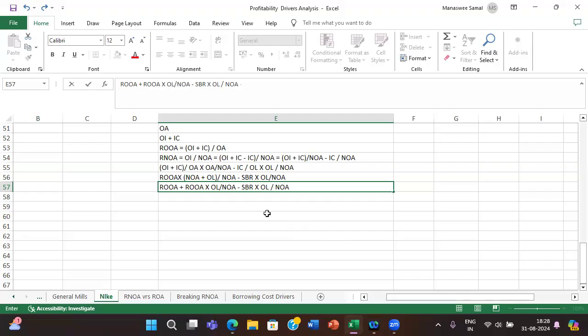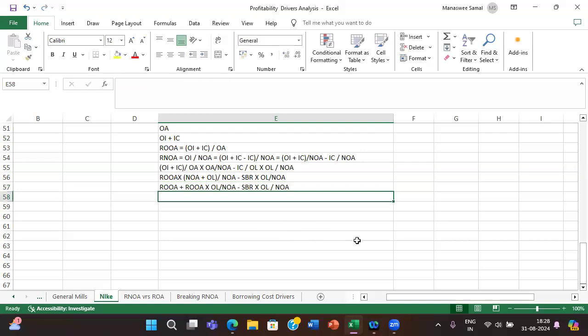I remember finding OL by NOA as a common factor here. So we'll have the final version then, RUA. So I'm just taking that common factor, okay? OL by NOA. Then this whole into, you have RUA minus SBR.